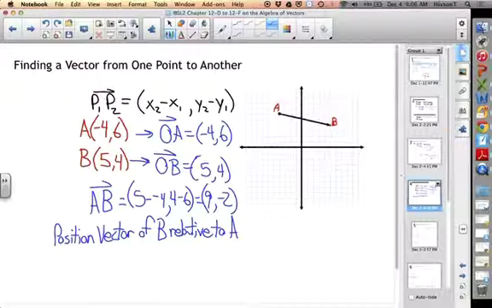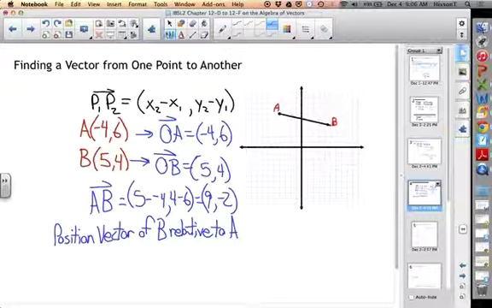Now, you can do this using the formula, or you could do it logically, because this is very similar to something else you've done with lines: slope. We're talking about traveling over to another point.